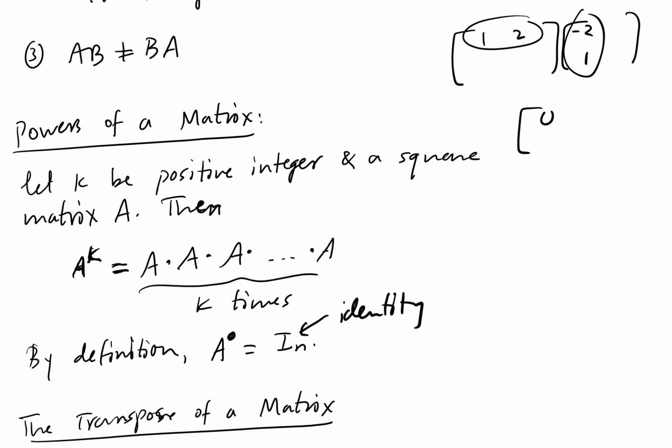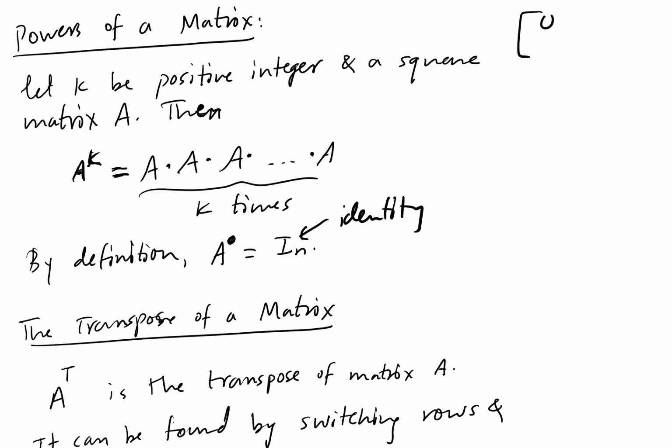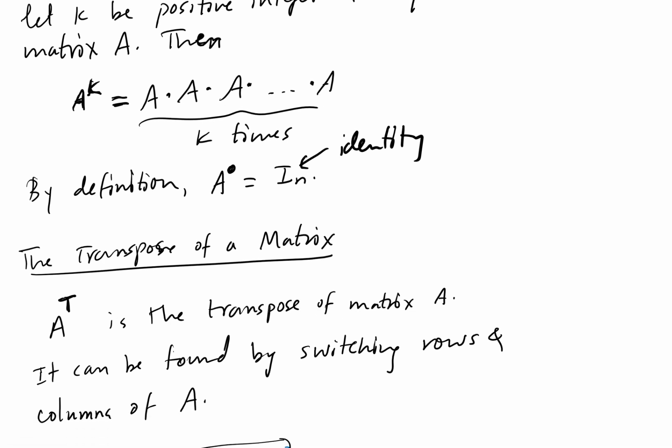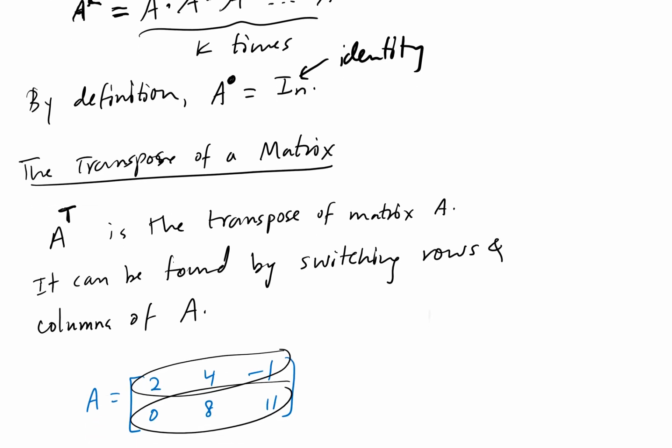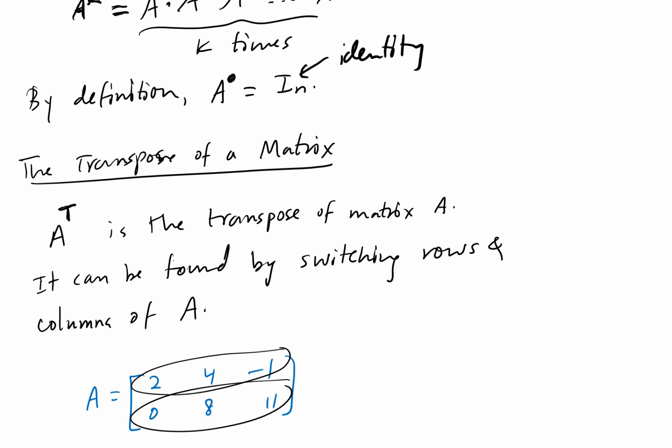Then we're going to look at the transpose of a matrix. A to the T power is the notation for the transpose of matrix A. And how do you find that? It can be done by switching rows and columns of A. If you make rows of A become columns and columns become rows, the answer is considered A transpose. If we look at this matrix A: 2, 0, 4, 8, -1, 11.